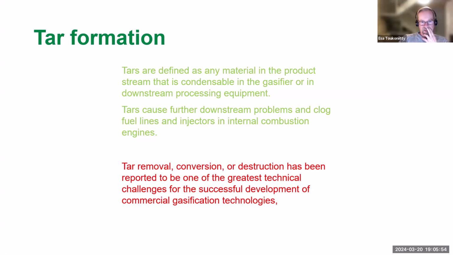So it's something that needs to be taken into account. There are methods to remove or convert or destroy these tar materials, and that's a key point to get these reactors running longer.